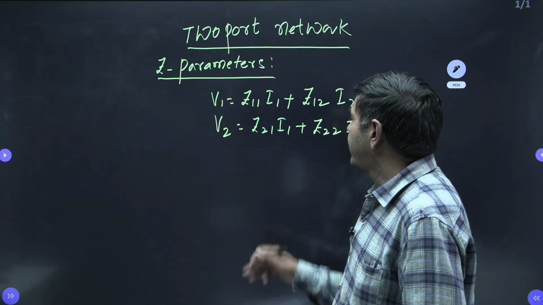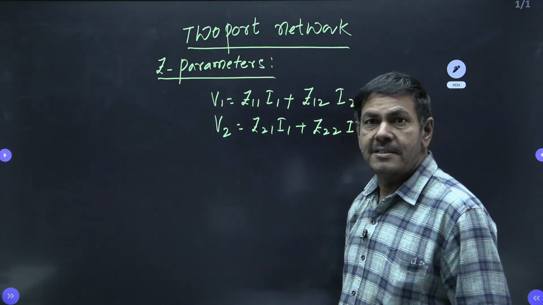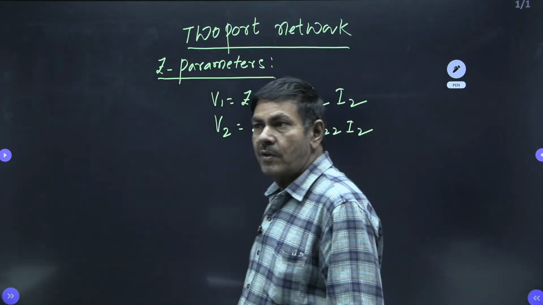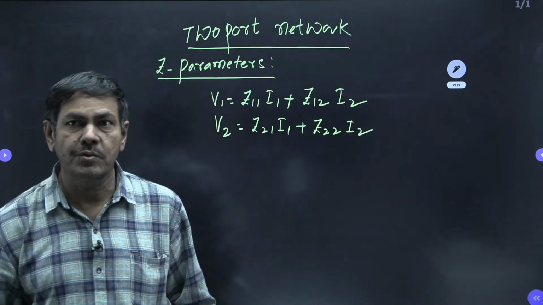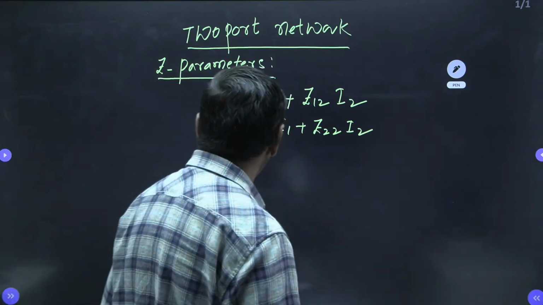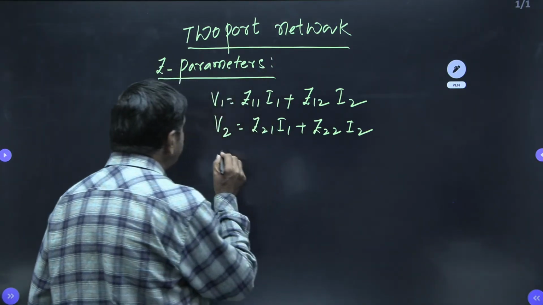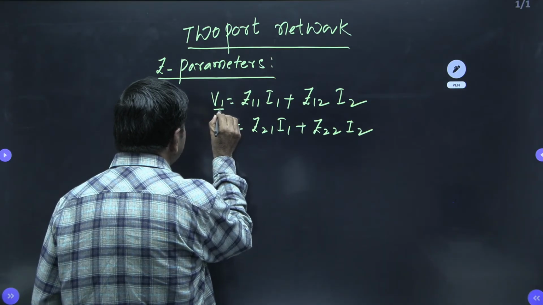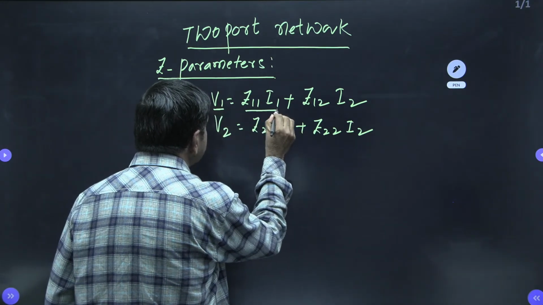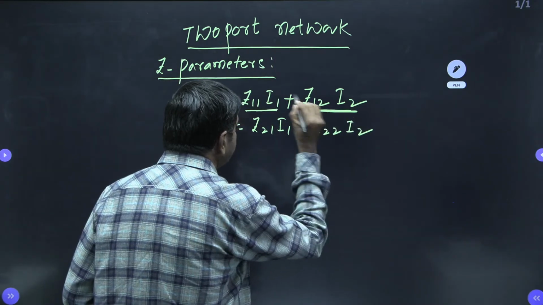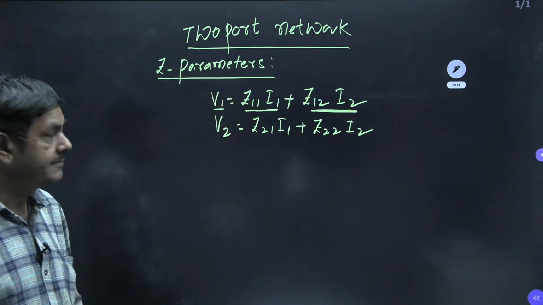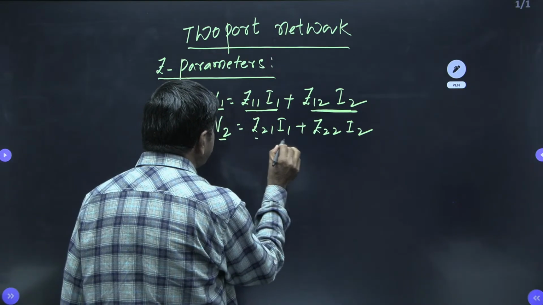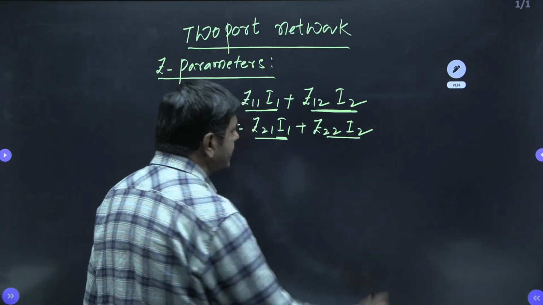But how we can draw Z parameter equivalent circuits, that is very important. Once you know the Z parameter equivalent circuits, you will do many problems. V1 equals this voltage plus this voltage, we know very well. The second one also, V2 equals this voltage plus this voltage.